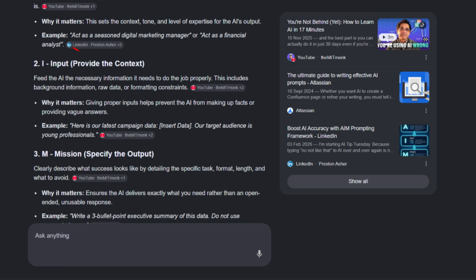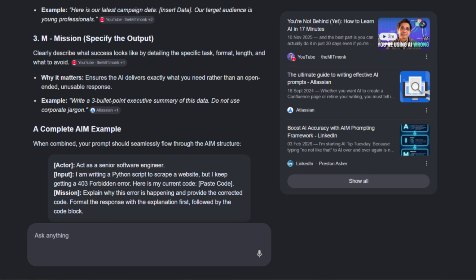Then the input is where you put documents or links to the stuff you want to learn, which it can reference and teach you from. And then the mission is what you're telling it to do, like teach me A, B, C, D.